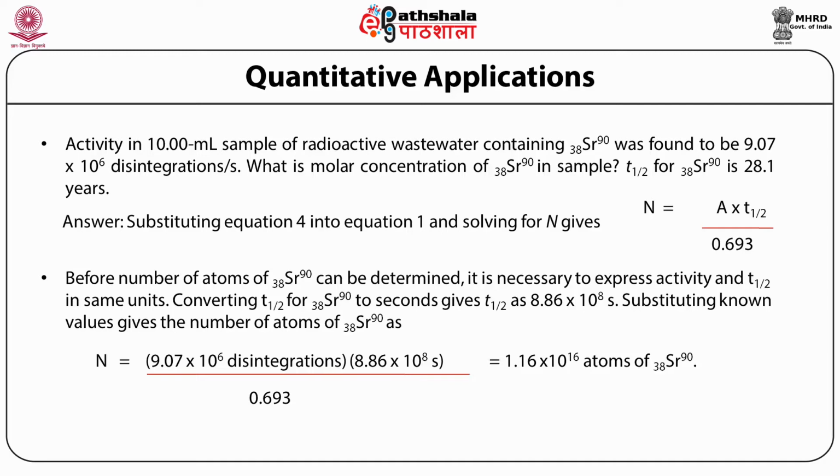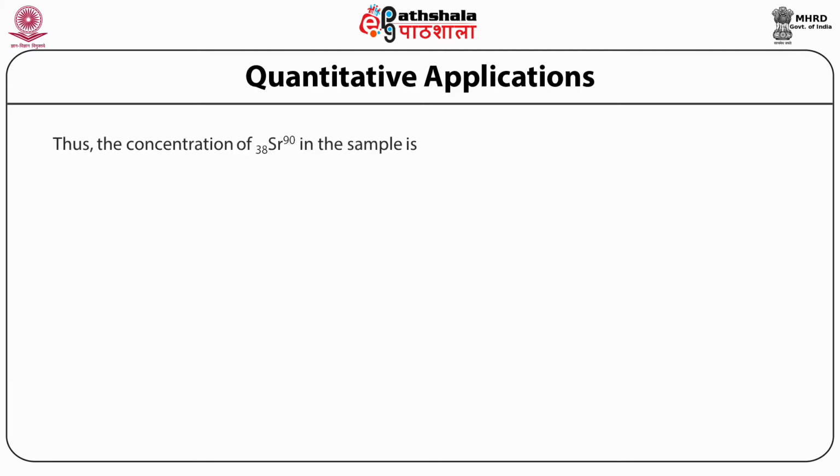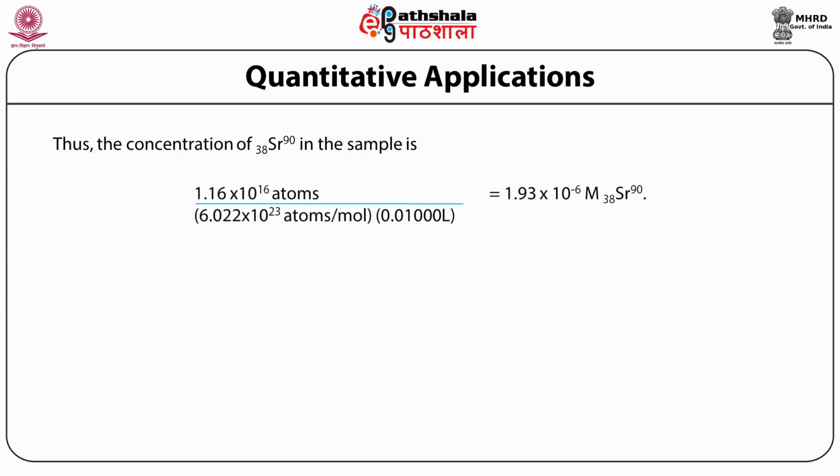It comes equal to 1.16 × 10^16 atoms of strontium-90. Thus, the concentration of strontium-90 in the sample is 1.93 × 10^-6 molar.